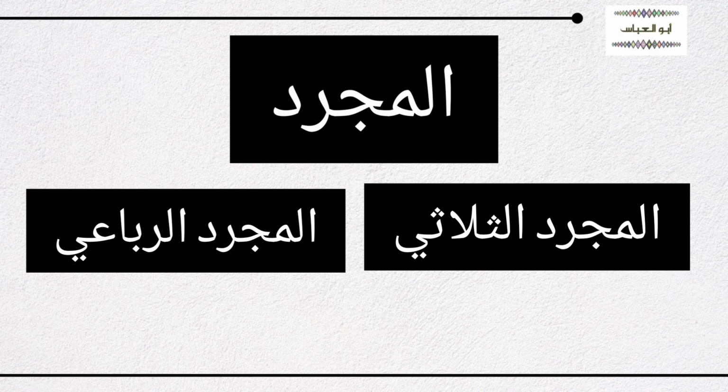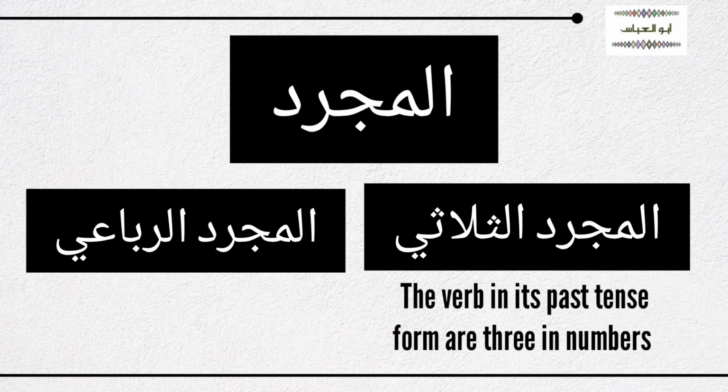We know what mujarrad is, but what is thulathi? Thulathi means the number of huruf, the number of letters, in the past tense form of the verb is 3. That's what we call thulathi. Then what is ar-ruba'i?